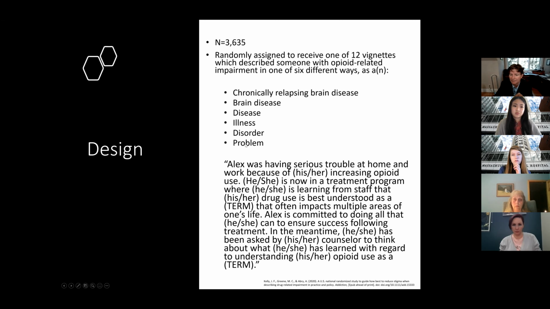But we looked at this person in treatment was being taught by treatment staff about the nature of their condition as being one of these 6 different things, okay? So at random, people would get this vignette, but with one of these terms embedded in it, okay? So it was between subjects at random. And what did we find?